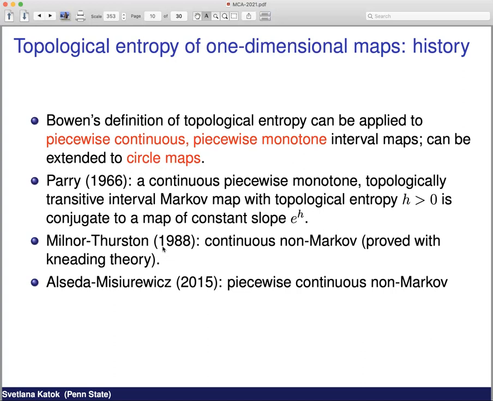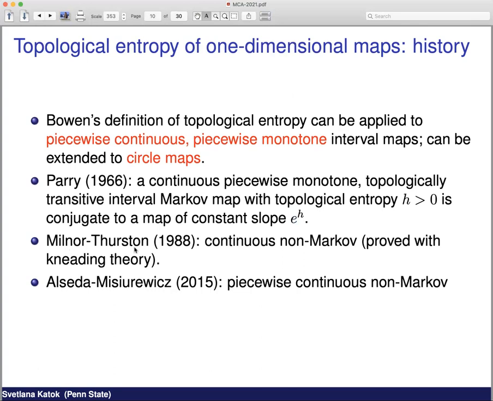Secondly, Parry in 1966 proved that a continuous piecewise monotone topologically transitive interval Markov map with topological entropy h greater than 0 is conjugate to a map of constant slope e to the h.